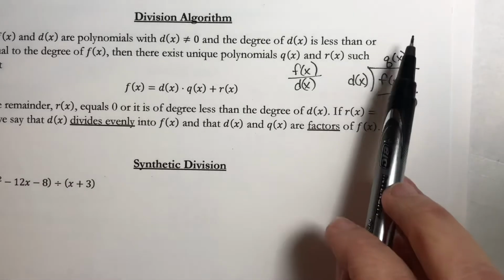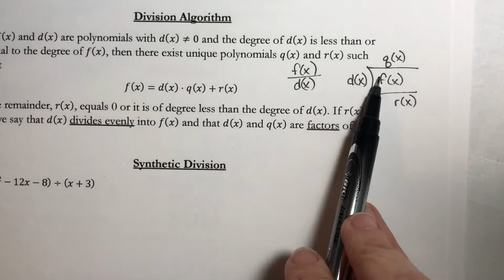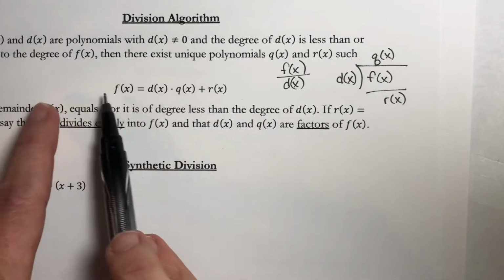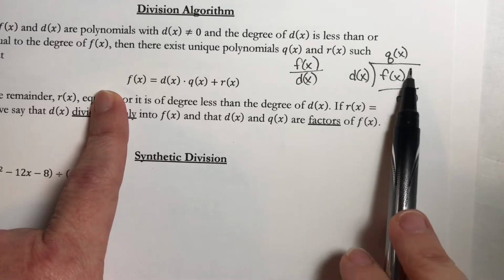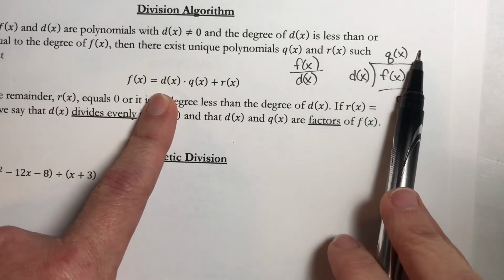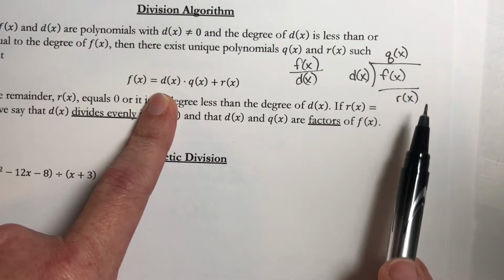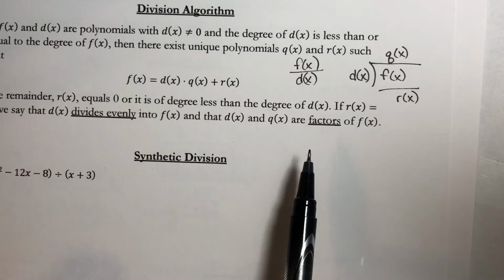To check this, you take this times this, add this, and you should get this, which is exactly what we have right here. In order to check this, which is the part that goes underneath here, then you take what you're dividing by times what you get up here, you add our remainder to it, and it should be the same. That's all this division algorithm is saying.